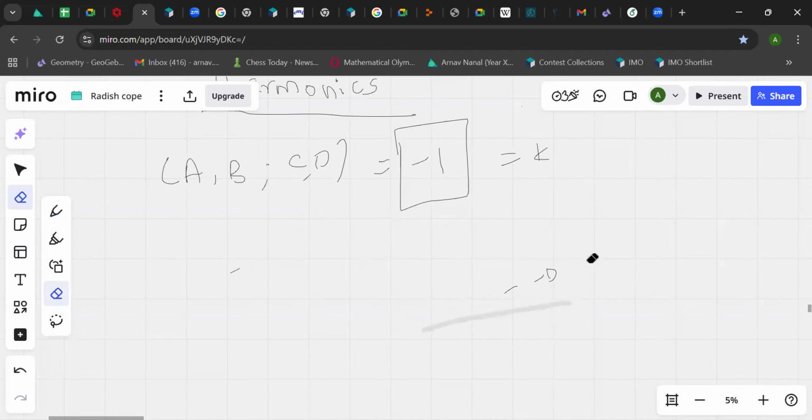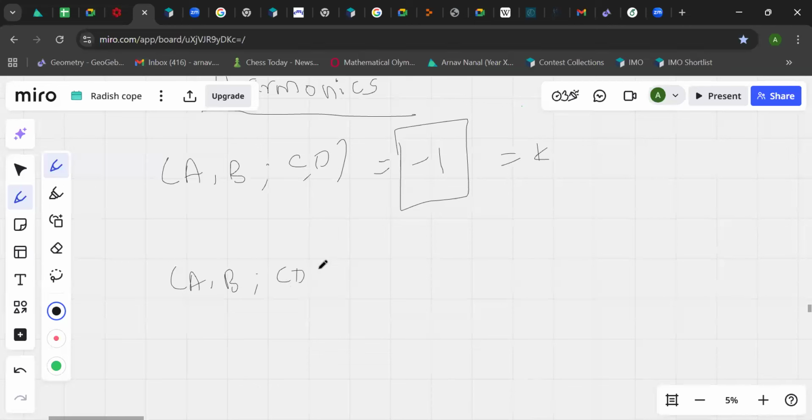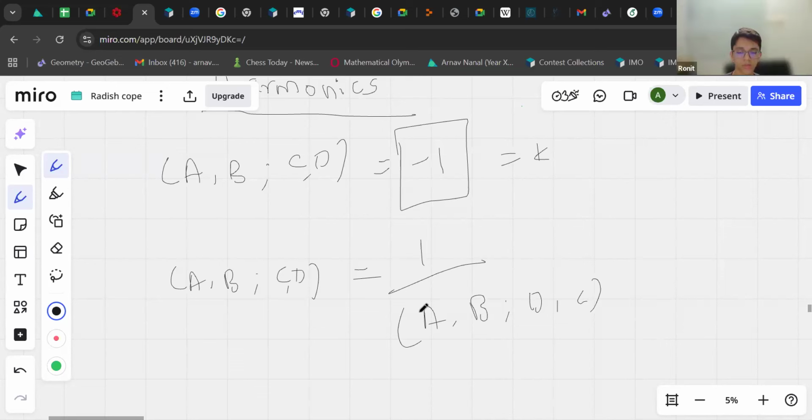And for k equal to -1, by the formula we know that (A,B;C,D) is basically 1 upon (A,B;D,C), because AC upon CB upon AD upon DB, you just swap those.